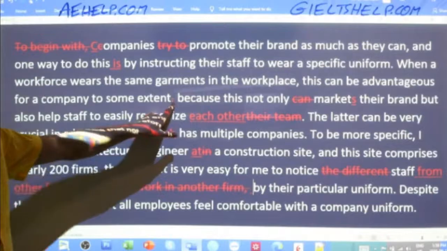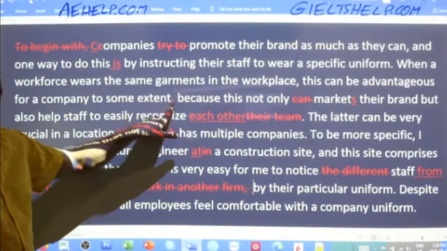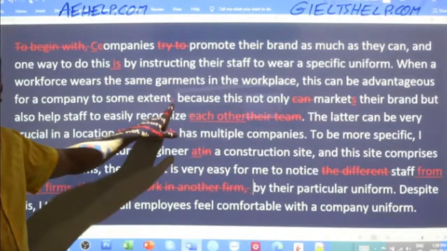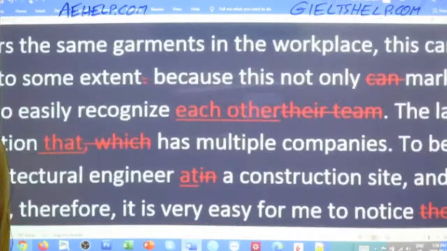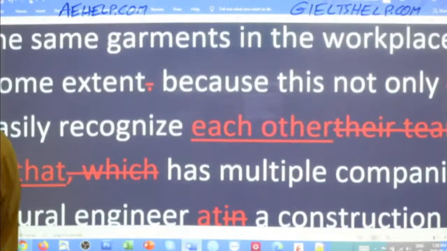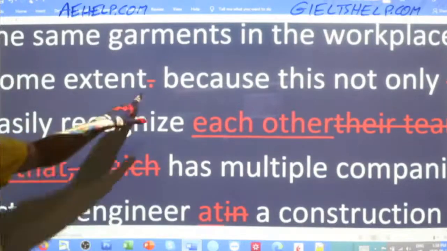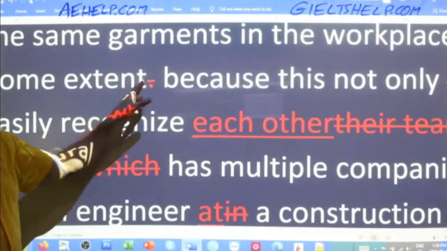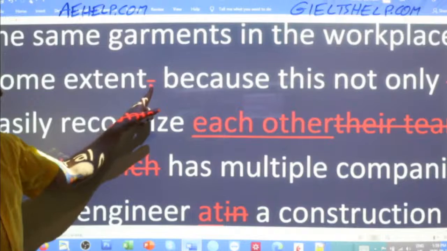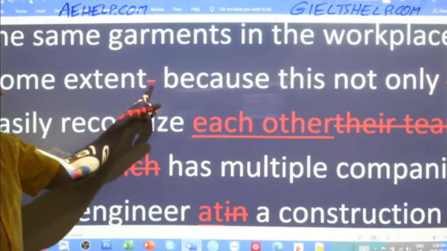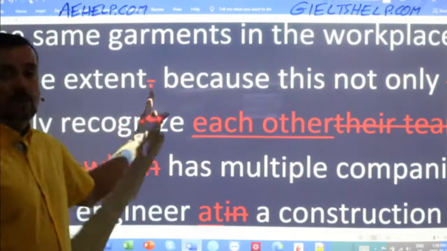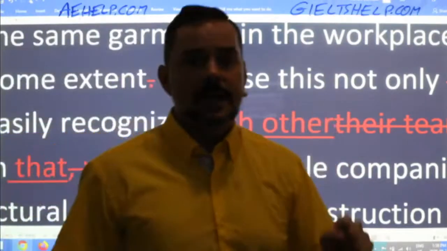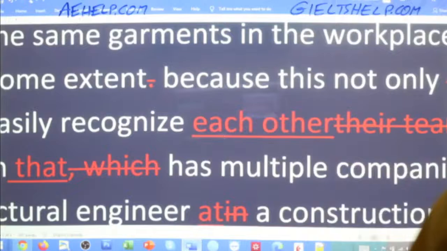Now here, Hassan, you put a period. Can everybody see that tiny little correction after "extent"? So after "extent," there's actually a mistake. And I'm going to enlarge that. You can see it here. Okay, so I took out that period. That's a sentence break. And then, of course, you have this here. That could be a typo, but that will count as a mistake. And it could actually count as a bad mistake.